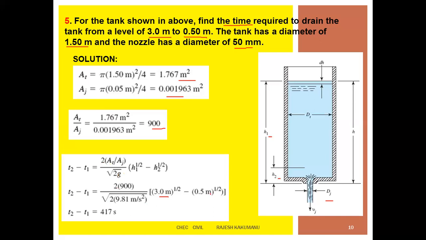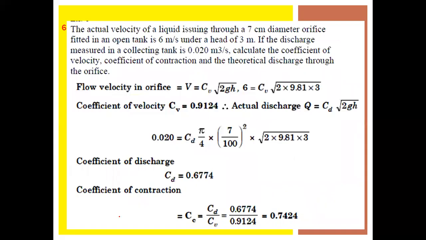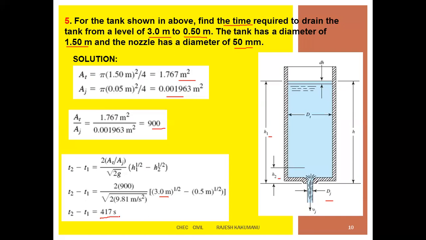After substituting these values, we are getting T2 minus T1 is equal to 417 seconds, right? So like this, you have to do the problems. So the 400 seconds converting into minutes, we are getting the minutes value.